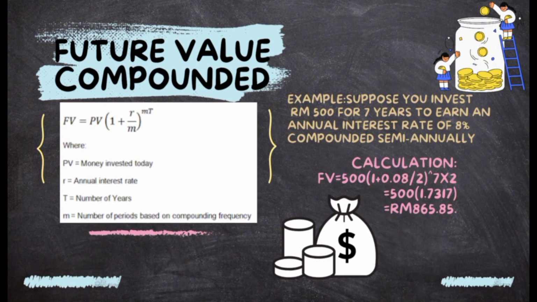We settle the bracket and the power, we get 500 for present value times 1.7317. Then we'll get 865 ringgit and 85 cents.